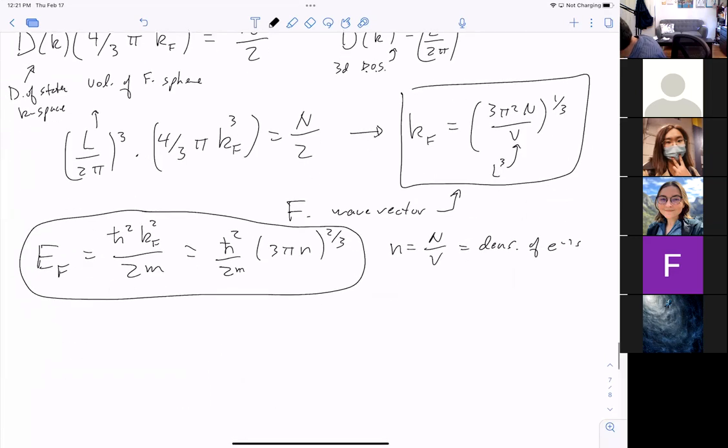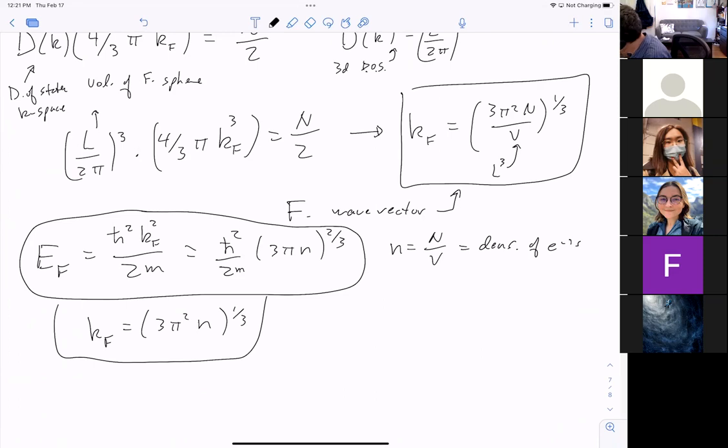And it's the density that matters, because this kF, if I write it in terms of density, is going to be 3 pi squared n to the 1/3. Okay, so I got the Fermi wave vector and the Fermi energy.